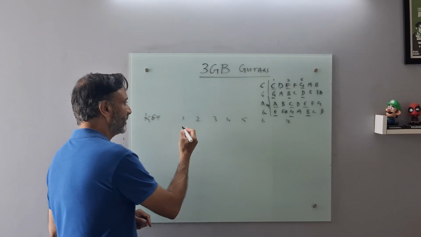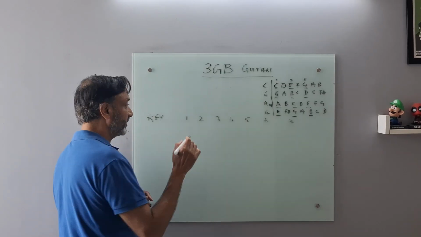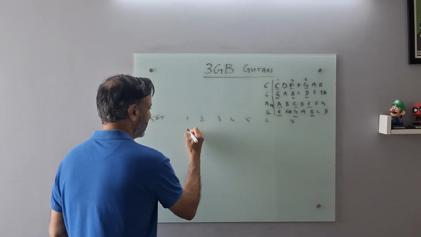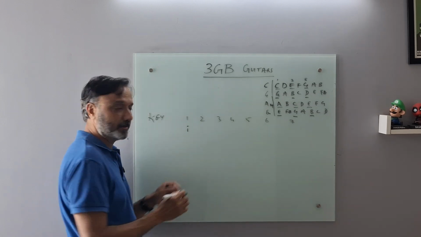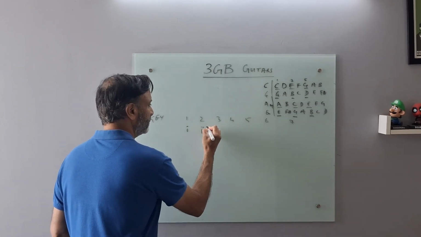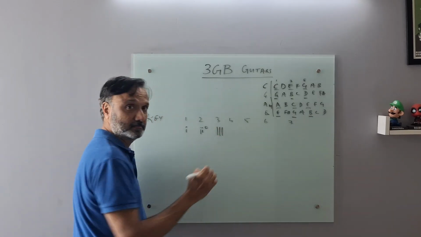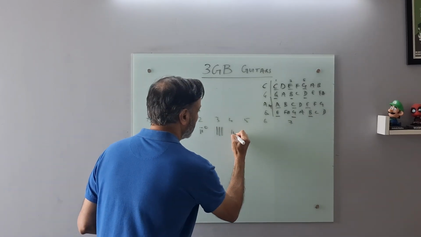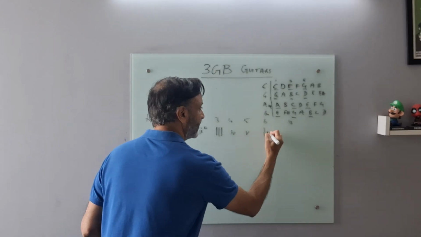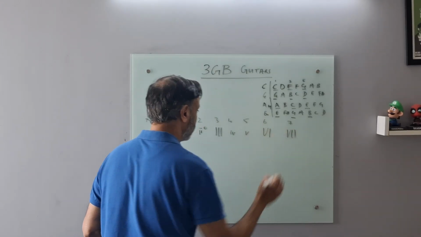Okay, so we're going to use the Roman numerals like we did for the major scale. I'll start with small 1, small 2, or actually it's diminished, capital 3, small 4, small 5, capital 6, and capital 7.